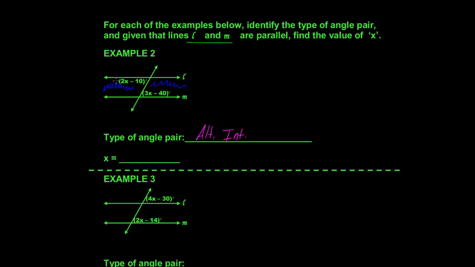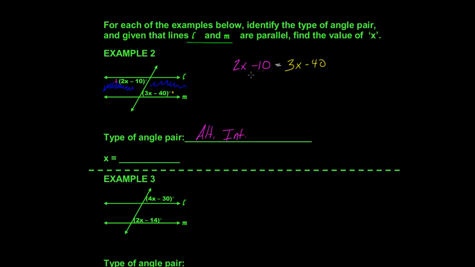I've got my first one here. Let's say that's my first one of 2x minus 10. We're going to set that equal to our second one. This will be my second one that I'm going to write down. It doesn't matter what order we put this in, but this will be 3x minus 40.